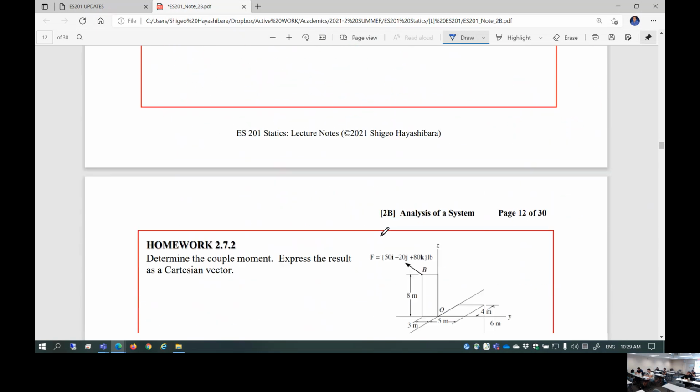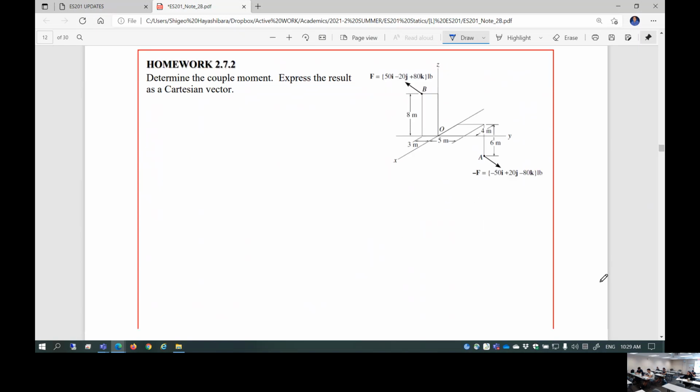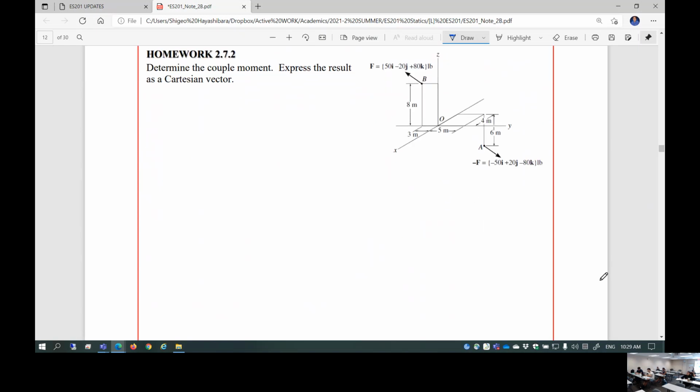Okay, good. So if you look at the next page, obviously these are two forces. Vector-wise, they oppose each other. One is positive, one is negative. Of course, the point here is what is the perpendicular distance, d?